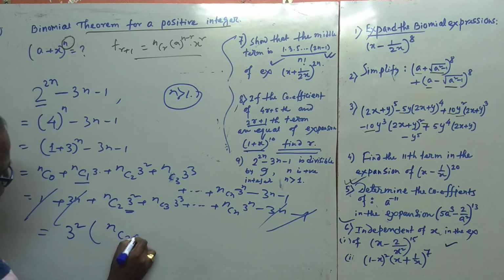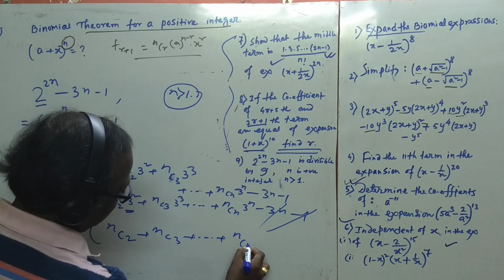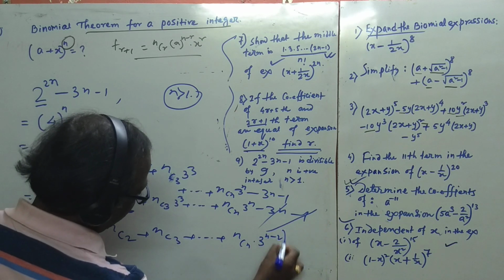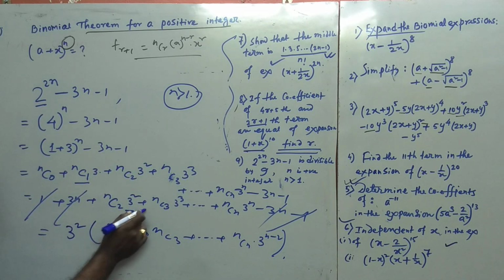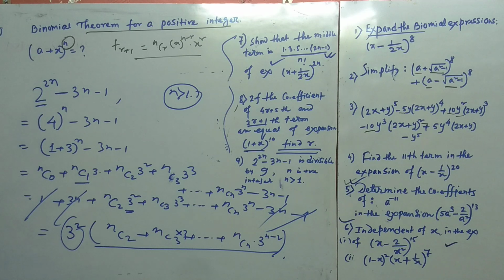So nc2, nc3, ncn and 3 to the power n minus 2 here. So it means it is divisible by 9 and this whole part is an integer. So it proves it is divisible by 9.